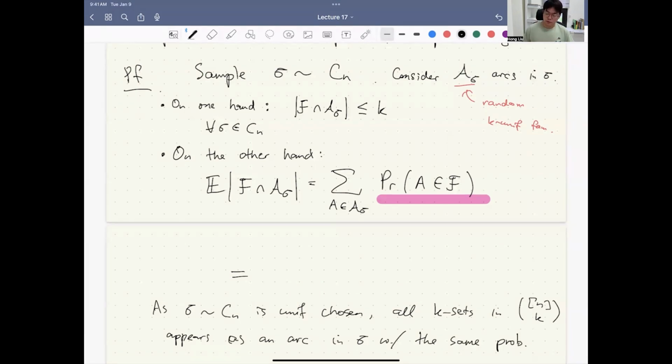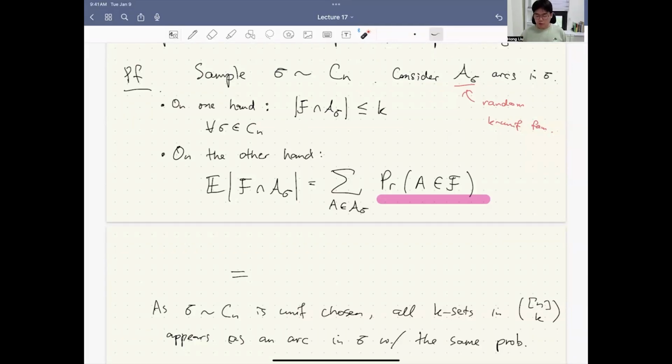So that means every k-set in F appears in A sigma with that probability.